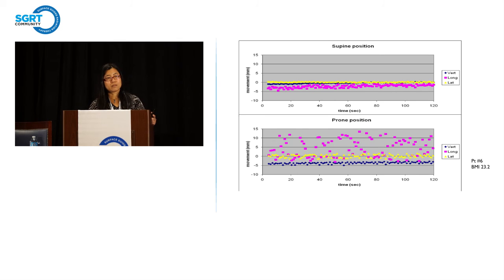If the patient is in a stable state and you put the patient in different positions, usually for most patients, for 9 of my 10 patients, it's clear that in one position the patient has less motion than the other.